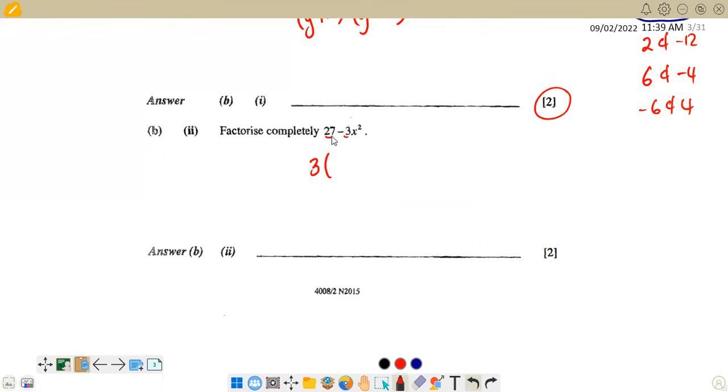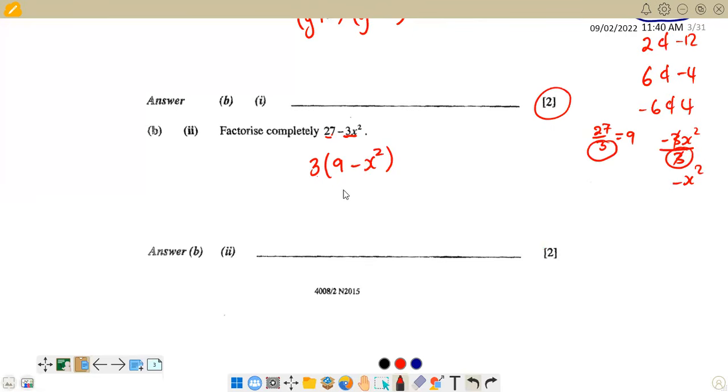You can factor out 3. 27 divided by 3 gives us what? A 9. So that's a 9 here. Then here it's minus 3x squared divided by 3. So it's negative 3x squared like this, divided by 3. This cancels, you're left with negative x squared. So what you factor out is the one that you use to divide each term. Okay, so that's the concept.